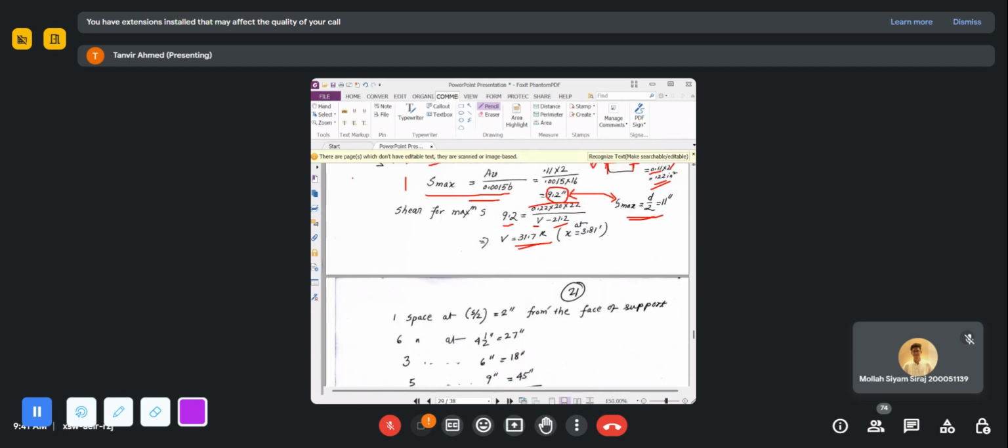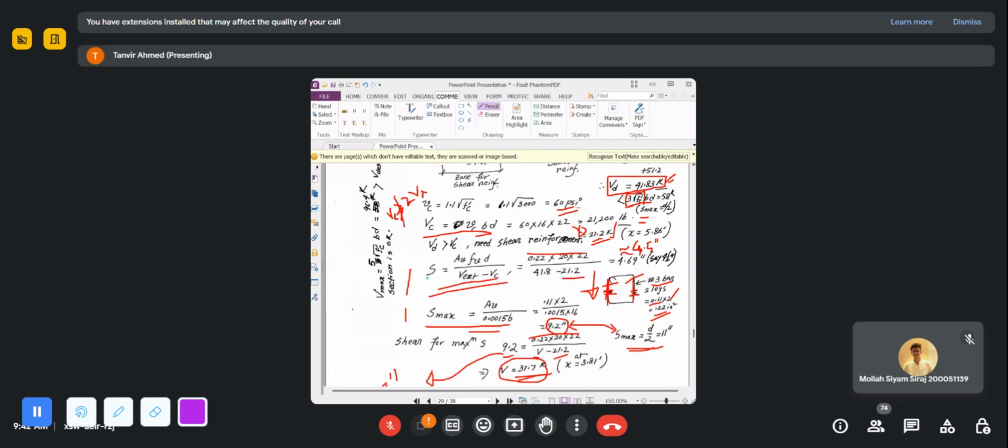Okay, so the maximum spacing here came as 9.2, so obviously I round it down, we can use 9 inch spacing from this shear force. When the shear force value is this or less, we can provide 9 inch spacing.